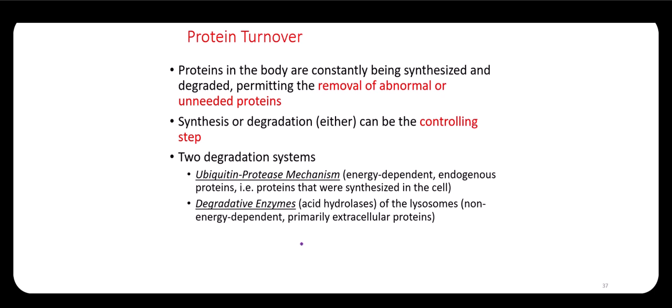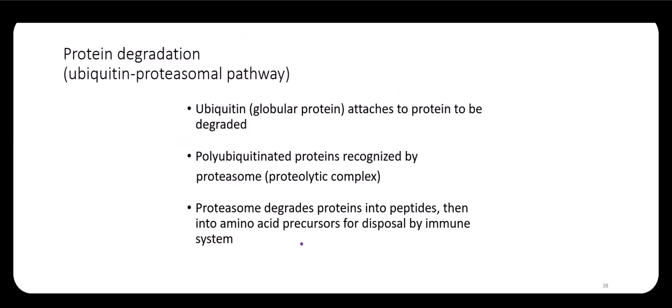We need energy to do it. We also use enzymes. We always remember enzymes because we use enzymes for everything. And they're acid hydrolases. We don't need energy for this one, and this one's primarily on extracellular proteins. So it's the one we'll spend the most time on. We'll come back to the ubiquitin proteases.